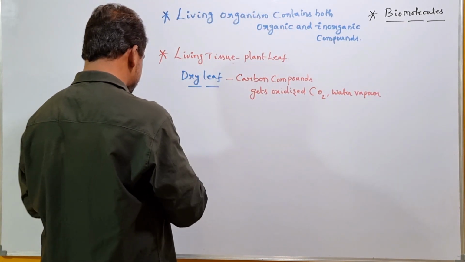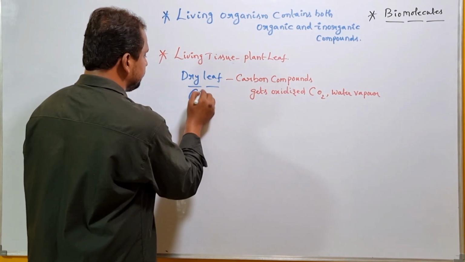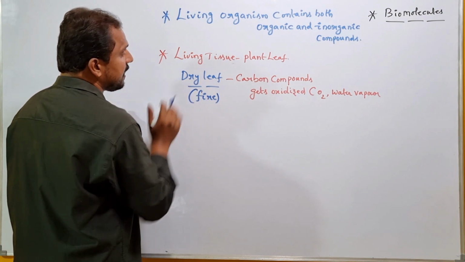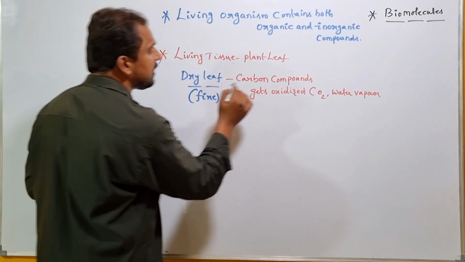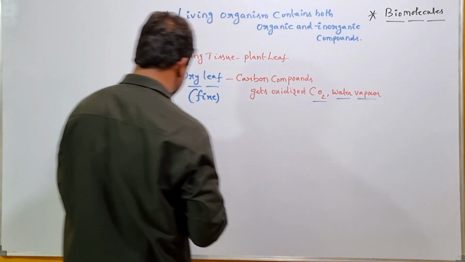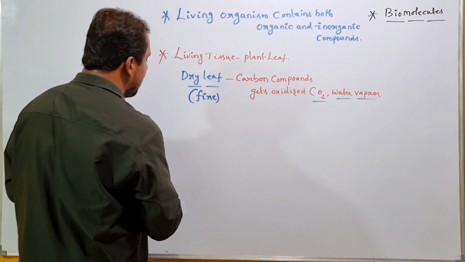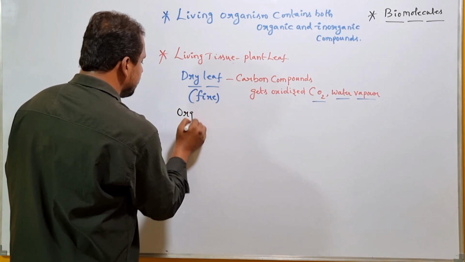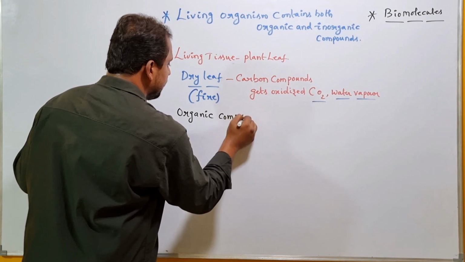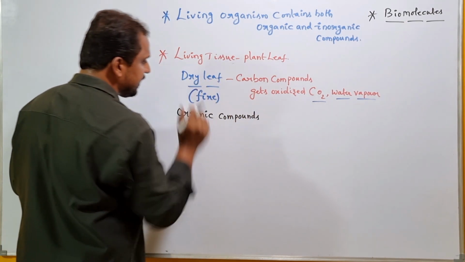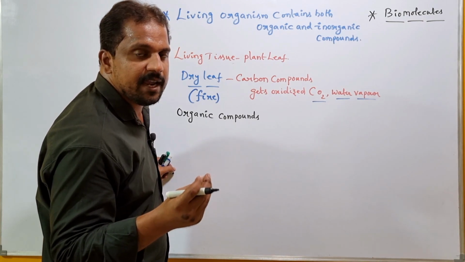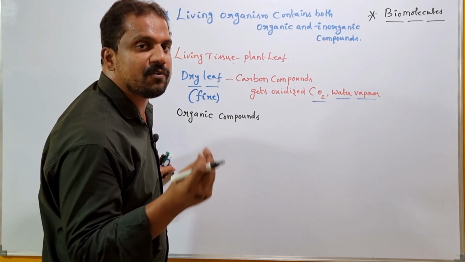So in the presence of fire, the dry leaf, which contains all the carbon compounds, gets oxidized into carbon dioxide and water vapor. In the same way, the organic compounds present in the dry leaf are capable of liberating heat in the presence of oxygen, and this specific phenomenon is termed what? Combustion.